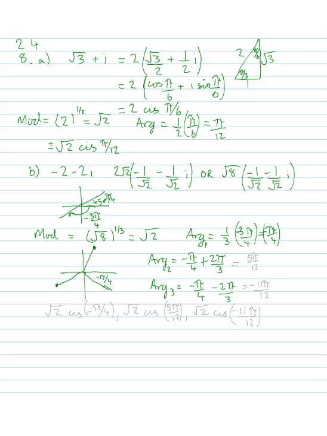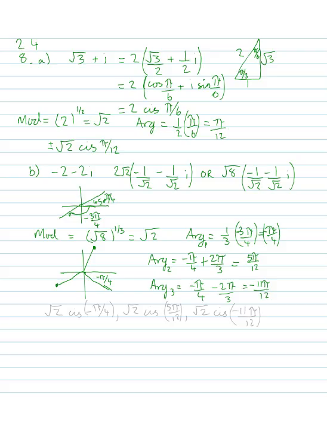And all you need to do there is to just add the two fractions, and you get here 8 pi on 12 minus 3 pi on 12 for the first one. So that is 5 pi on 12. And here you get minus 3 pi on 12 minus 8 pi on 12, which is minus 11 pi on 12.